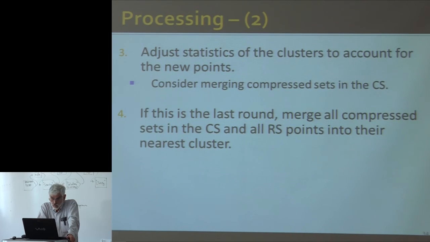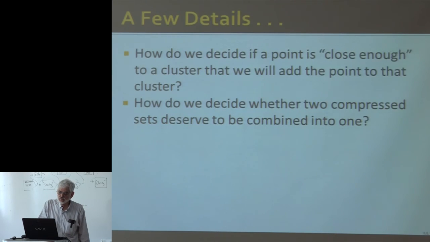And then, if this is the last round, you've got to assign everything. So every compressed set gets thrown in with the nearest cluster, however far away it is, I don't care. And likewise, the retained points just get thrown into the nearest cluster.